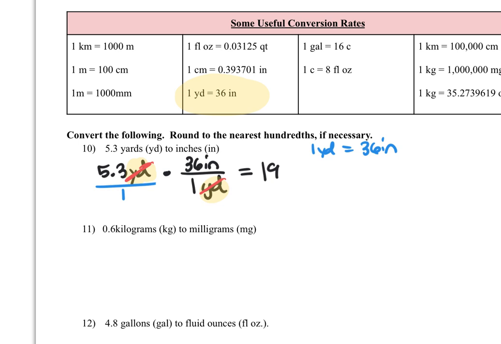Wait, which one are we using? Oh, yes, sorry. 190.8. Thank you. I had it in here wrong. Okay. I have inches still, right? That's my measurement. Do I have to put it over 1? No, we don't write whole numbers over 1. So that's it. It's 190.8 inches.